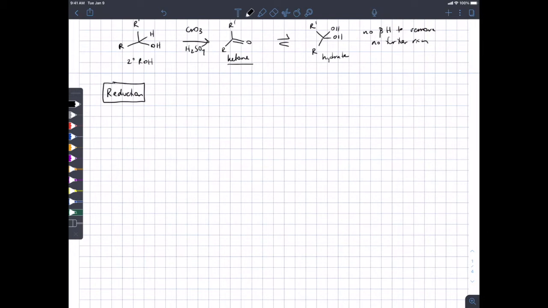Most of the important reduction reactions you're going to learn you will learn in 352. You're only going to learn a couple today, and they're all going to be related to reducing alkenes and or alkynes.